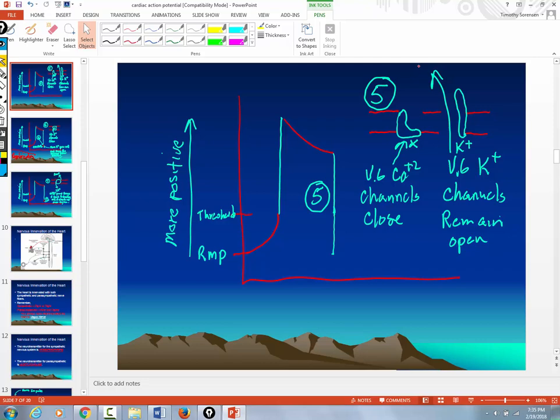And because potassium's positive, the charge inside that heart cell is now going to become more negative because the positive thing is rushing out. And the voltage-gated potassium channels remain open even to the point of being lower than the resting membrane potential. This is called hyperpolarization.